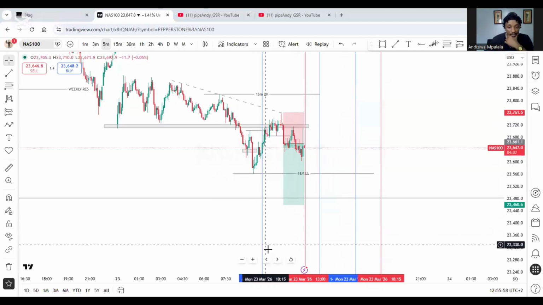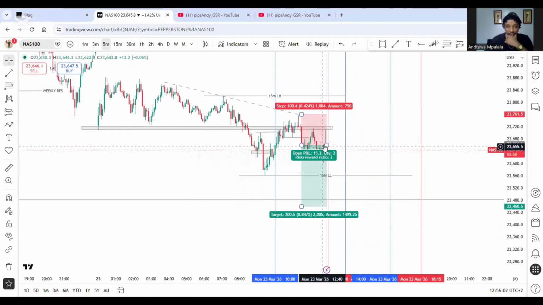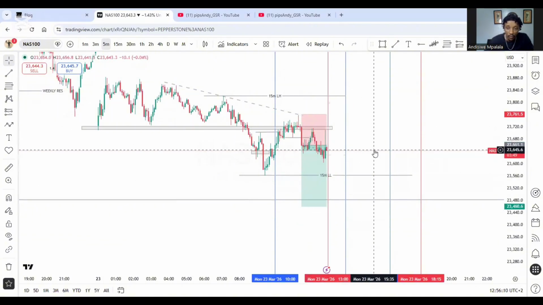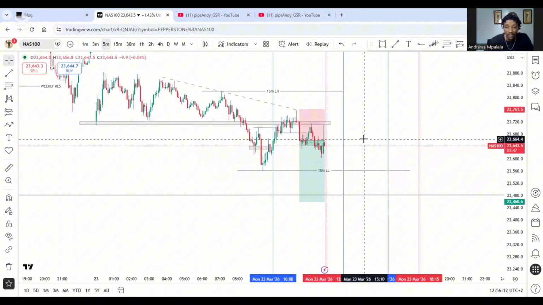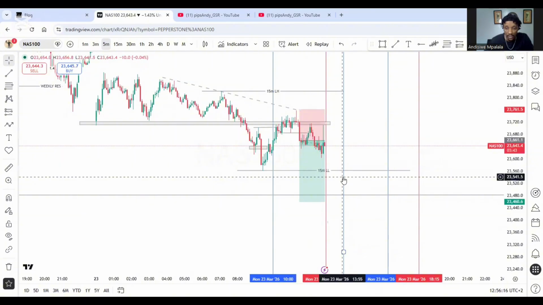We are back for an update. Still bearish. We just had this impulsive move to the upside that left us with a wick, which tells us that area is a strong area of resistance and it's rejecting.